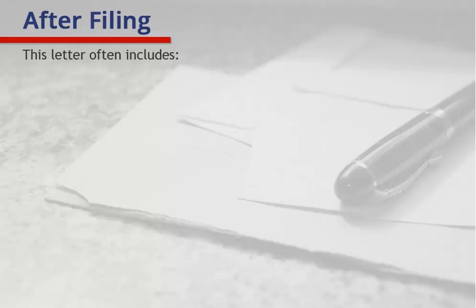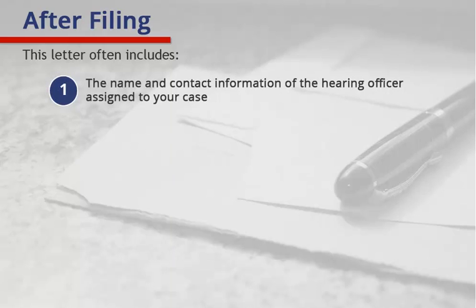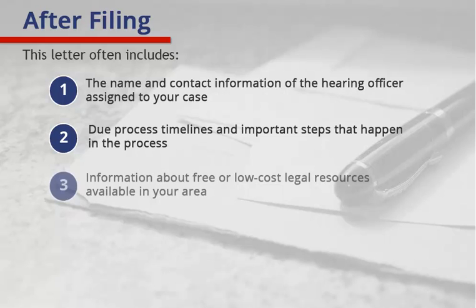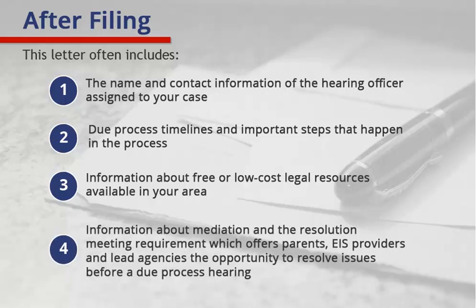This letter often includes the name and contact information of the hearing officer assigned to your case, due process timelines, and important steps that happen in the process, information about free or low-cost legal resources available in your area, and information about mediation and the resolution meeting requirement, which offers parents, early intervention services, or EIS providers, and lead agencies the opportunity to resolve issues before a due process hearing.